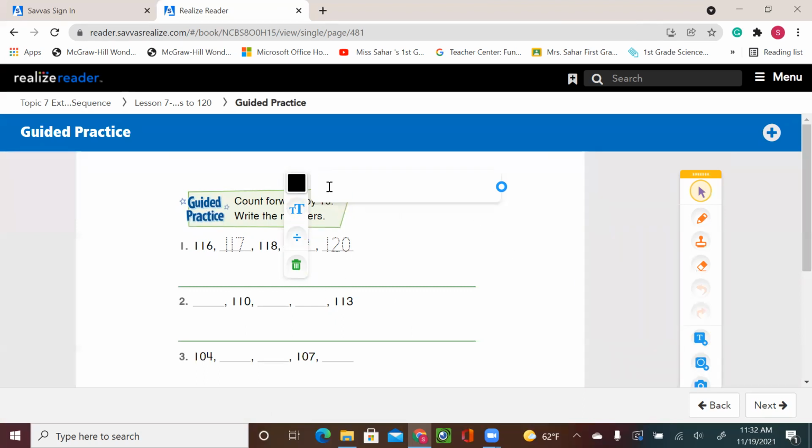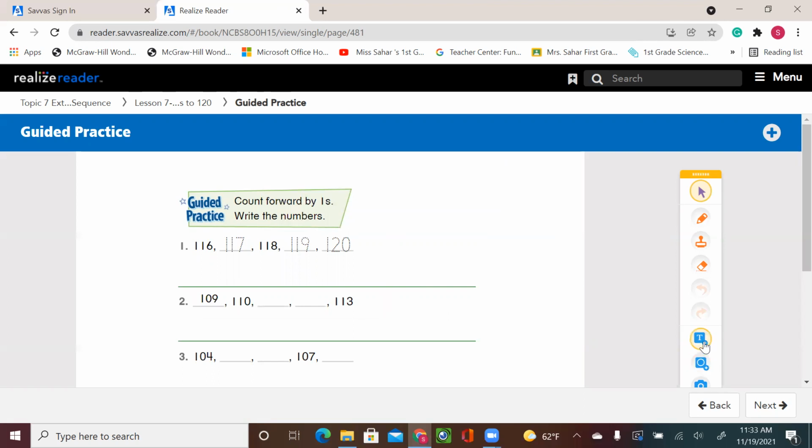All right. First, I have a blank, a number I need to put, and after this number will be 110. In another way, what comes before 110? Before I say and count 110, what do I say first? Before the 10, what do I say? 109. So it's going to be 109. Let's put it here. And now I'm counting forwards. 109, 110.